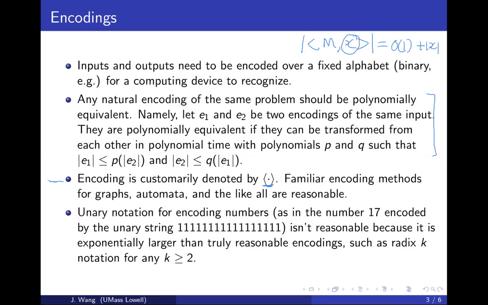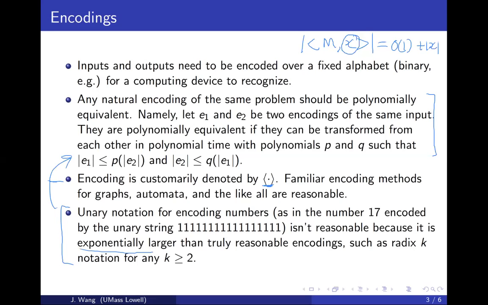But if you use a unary notation for encoding numbers, then we don't have this property, because using unary we get something exponentially larger.